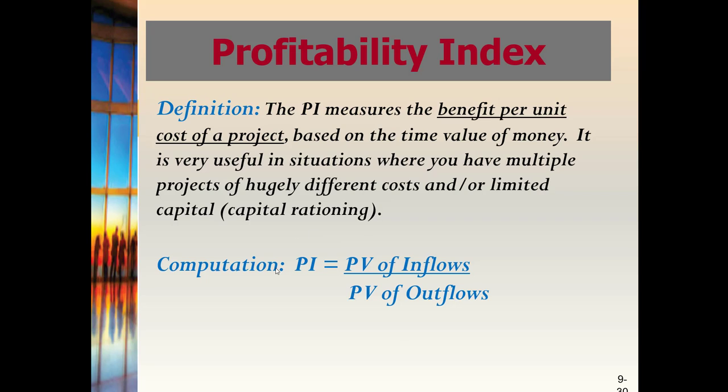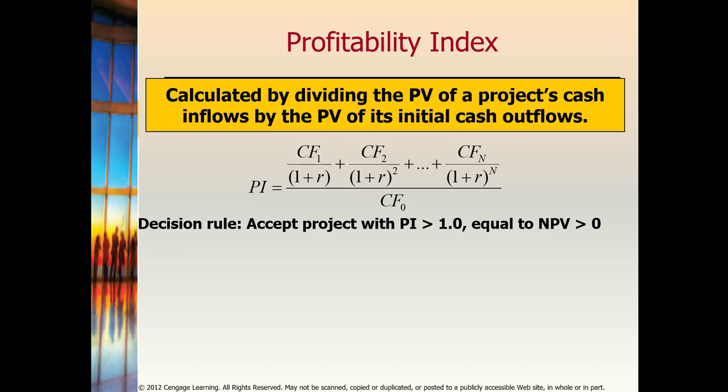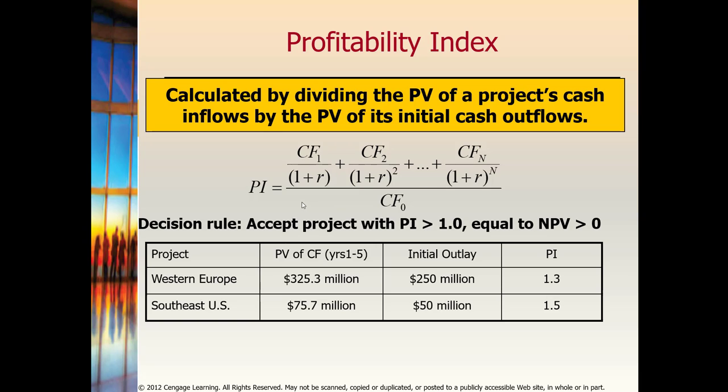As you can see, the PI formula is indicated here. You're using the present value of the cash inflow divided by the present value of the cash outflow. So actually, this is a variation of the net present value. On the numerator, it looks like the DCF model.